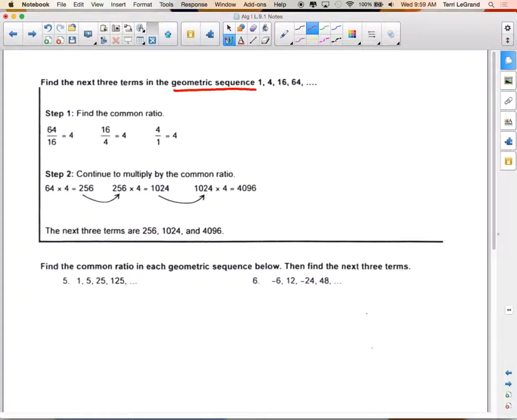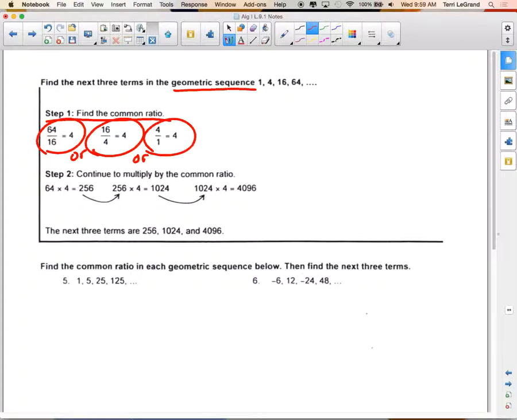But this one says find the next 3 terms in the geometric sequence. So in reality, we should only have to do step 1, find the common ratio. We should only have to do one of these. We shouldn't have to do all of them, because if it's a geometric sequence, they have to have the same ratios, right?